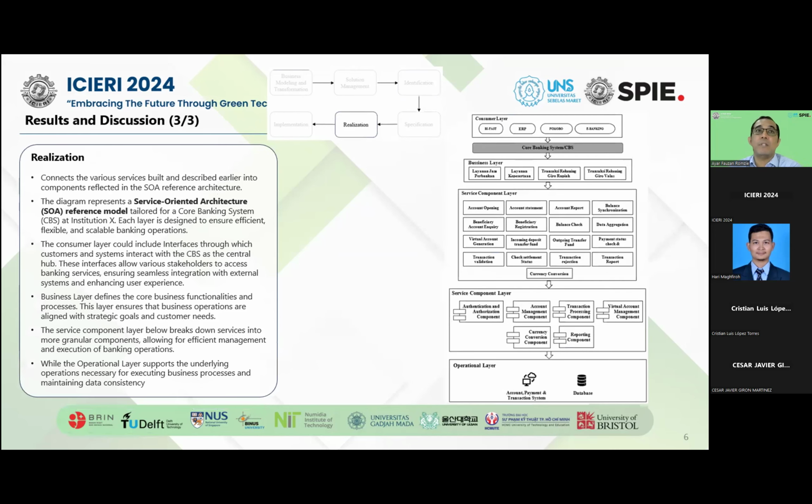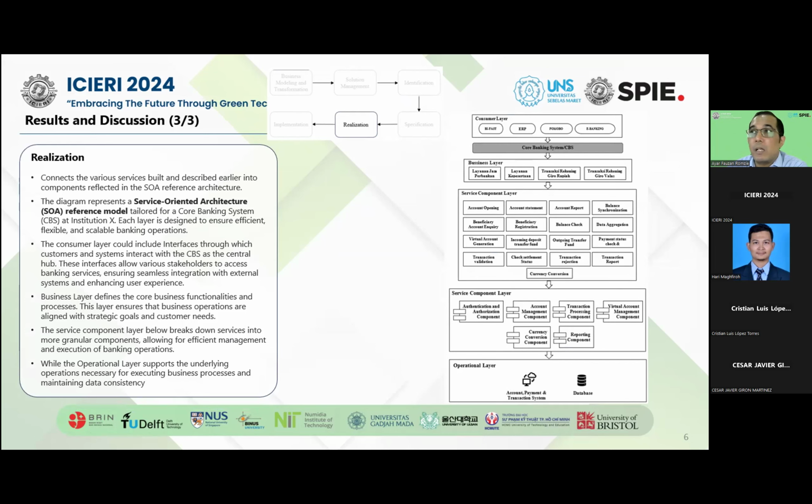As we have seen in the previous slide, this leads us to the realization phase that connects the various services identified and developed in the previous stages into a cohesive service-oriented architecture reference model, which is tailored for the CBS at Institution X. This model consists of several layers.